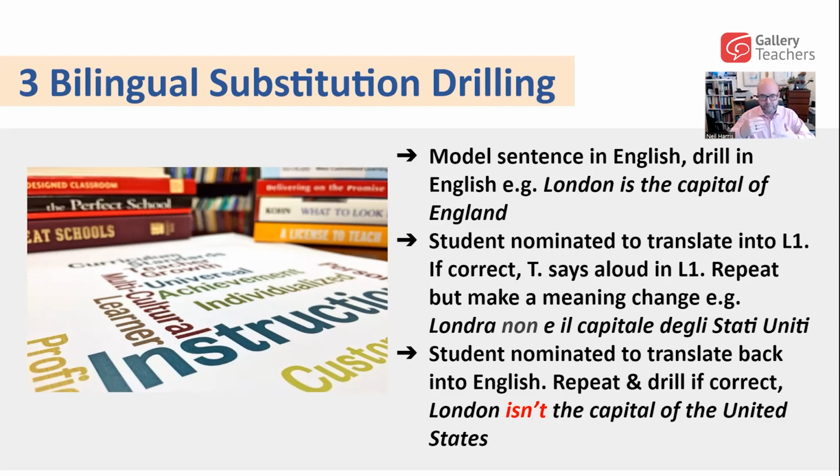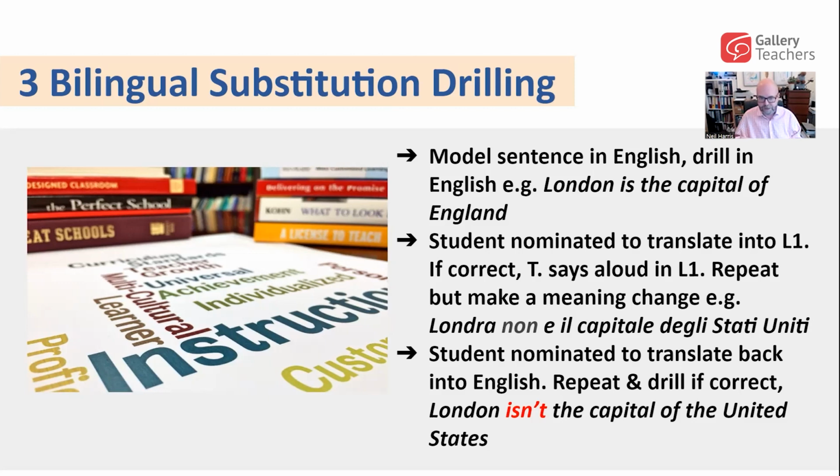So moving from L2 to L1 and back again capitalizes both on meaning, but also on the student's ability, when the translation is done, to identify where to place the stress. And this keeps repeating. So once we've done London isn't the capital of the United States, that's translated back into the student's L1.